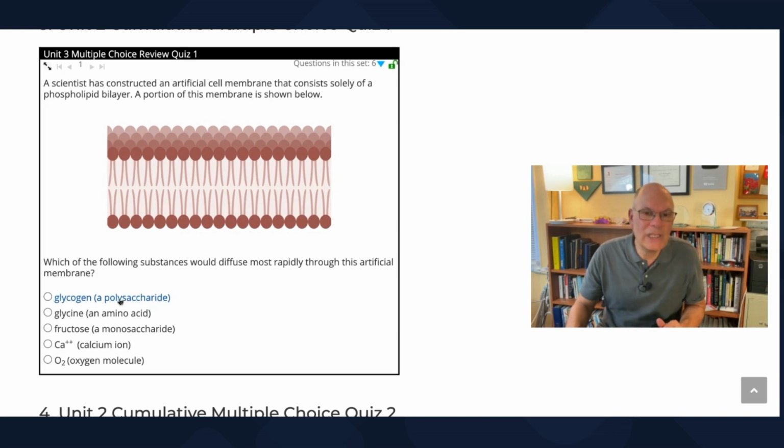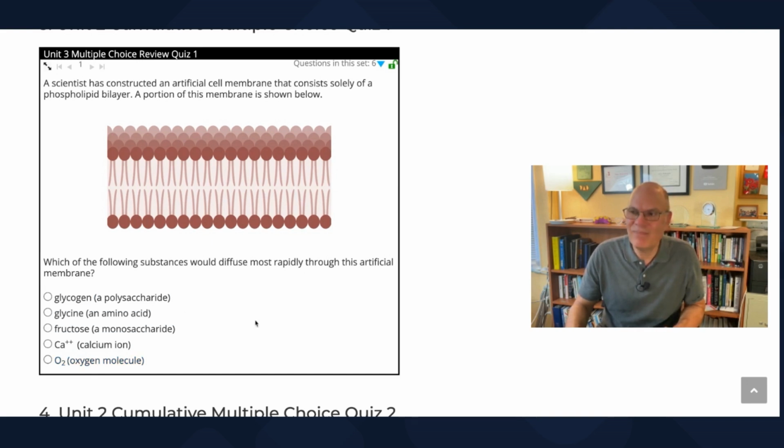The first choice is glycogen, a polysaccharide. The second choice is glycine, an amino acid. The third choice is fructose, a monosaccharide. The fourth choice is Ca++, the calcium ion. And the last choice is O2, an oxygen molecule. Think about it. What could most easily diffuse through this phospholipid bilayer?